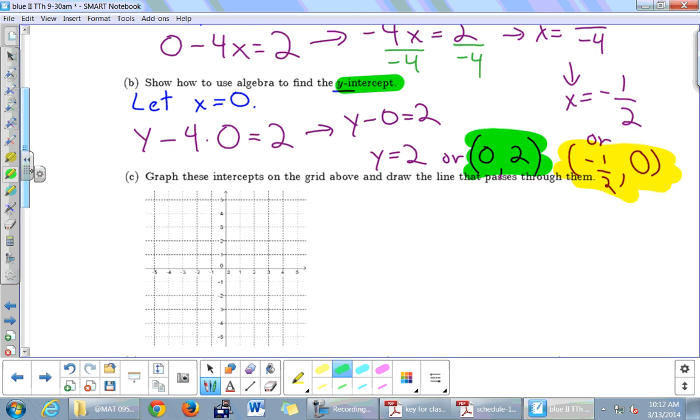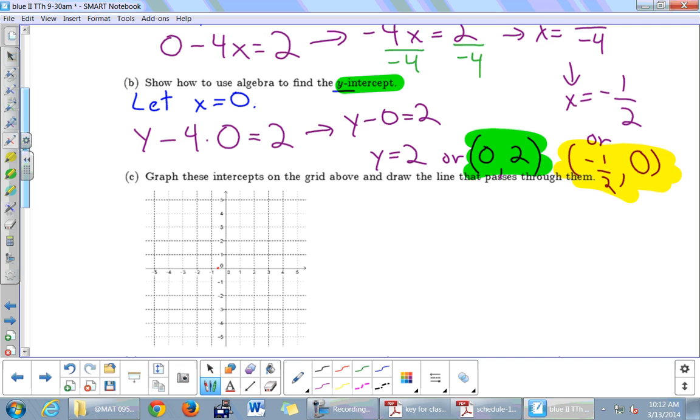Okay, let's come down here to C. It says graph these intercepts on the grid and draw the line that passes through them. So let's plot both points. So the first one was what, negative 1/2 comma 0. Which way is that? Left, right, up, or down? It's left.